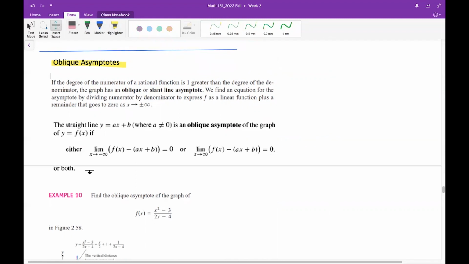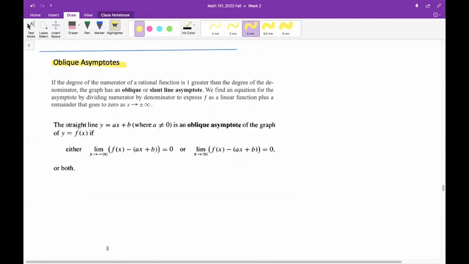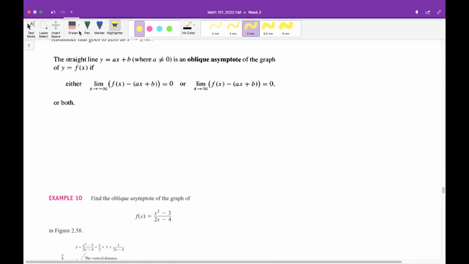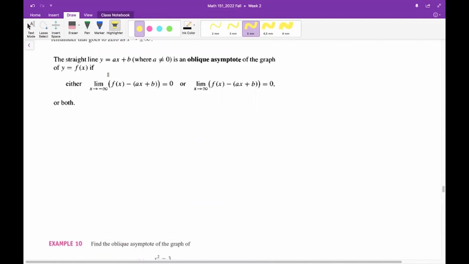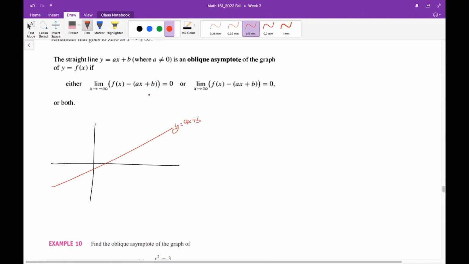Let me start drawing things just to explain clearly for you. Okay, look at this graph, please. Instead of drawing a horizontal line, now I will draw a slanted line like this. Let's say this line has the equation ax plus b.